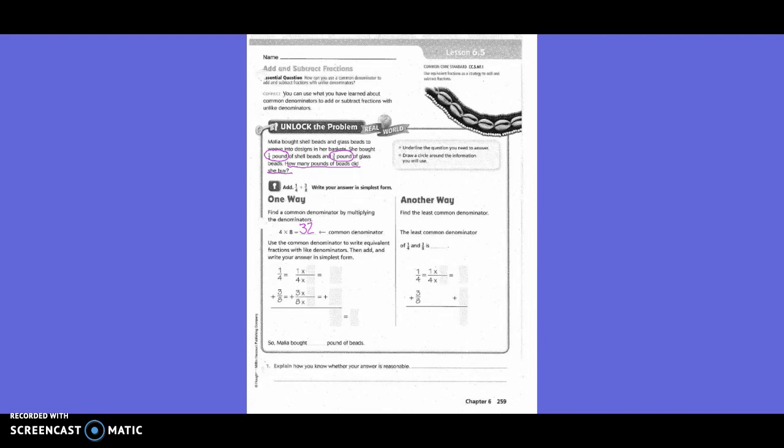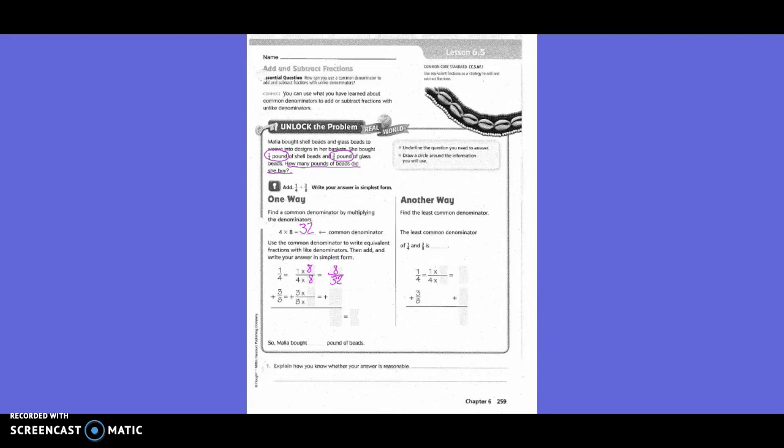Okay, so then it says use the common denominator to write equivalent fractions with like denominators and add and write your answer. So they said our new denominator was going to be 32, right? So how did I get from 4 to 32? Times 8. What I do on the bottom, I also do on the top. So I have 8/32.